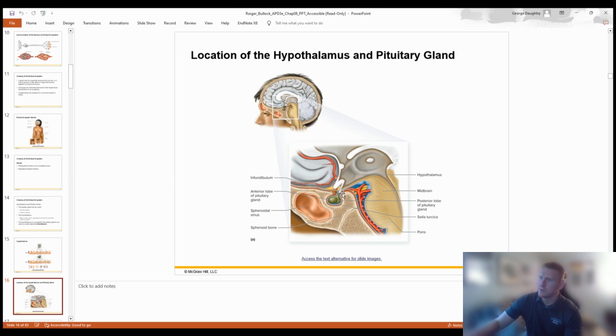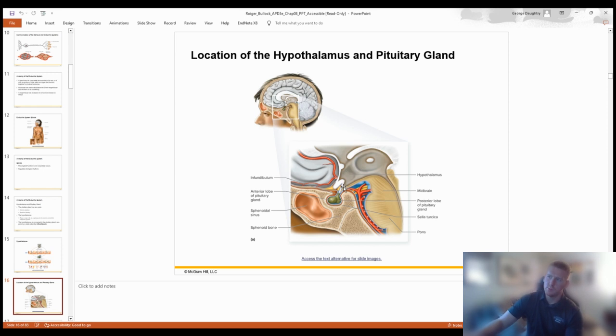The anterior lobe, of course, is toward the anterior portion of the brain or the body, right? Anterior portion is up here at the front, posterior is at the back, closer to the pons, this big, grayish area back here. That is the pons, right? So if you're trying to remember where everything is, the hypothalamus is more toward the top of the brain, right in the central component, just above the midbrain.